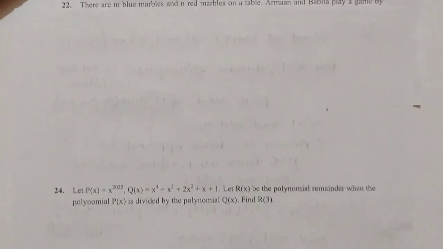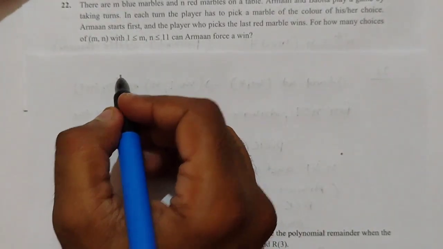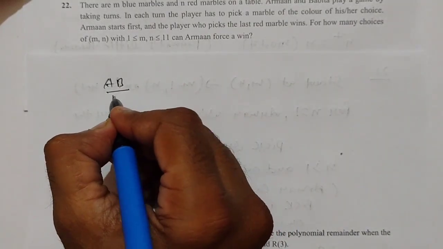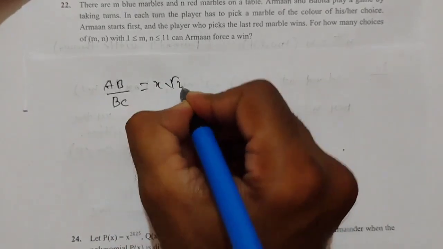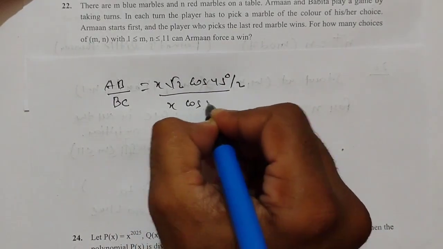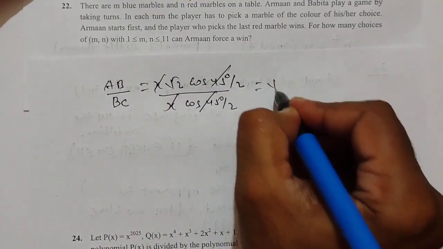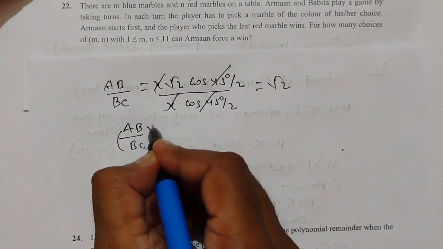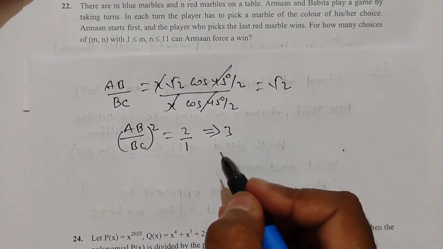So now we have the value of AB by BC equal to x root 2 cos 45 degrees by 2 over x cos 45 degrees by 2, and this is equal to square root of 2, and (AB/BC) whole squared is equal to 2 by 1. This will imply 3.